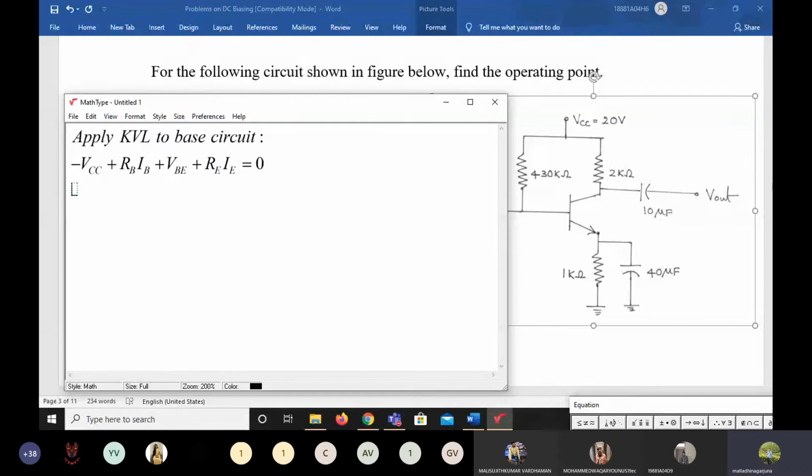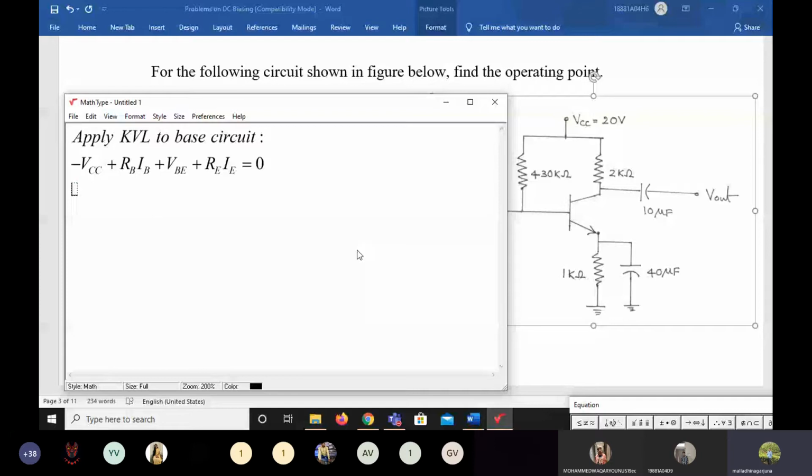So to calculate the operating point, first we apply the input loop to calculate IB. To calculate IB, the IE current also has to be changed in terms of IB. Is it right?